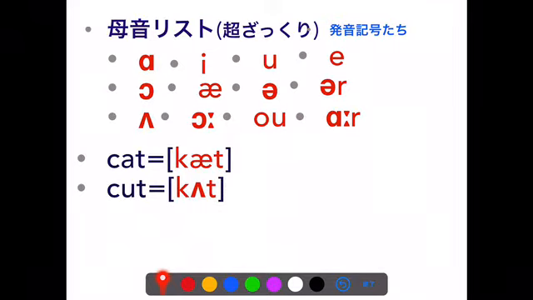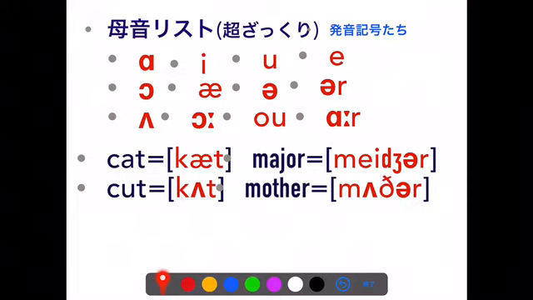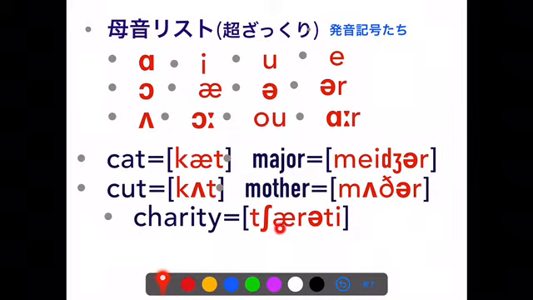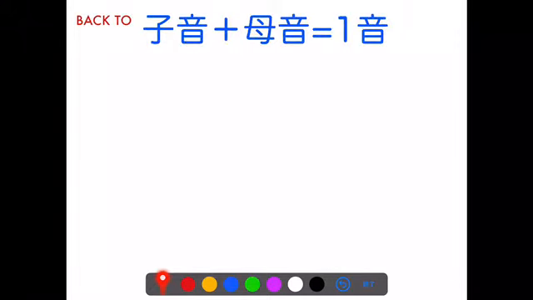And caught. This A is major. This one is always weak. R and TH, the and mother. And this is charity. And this is focus. Like this, a consonant and a vowel make one sound basically.